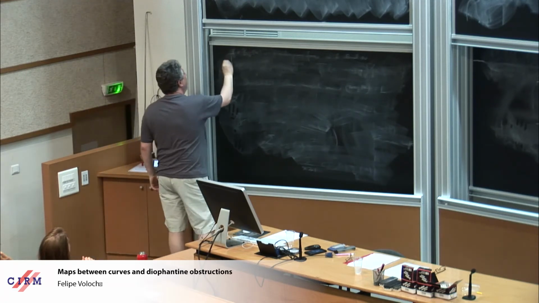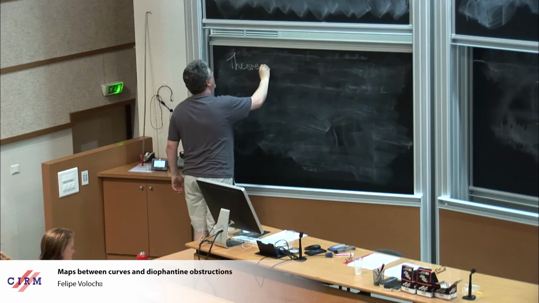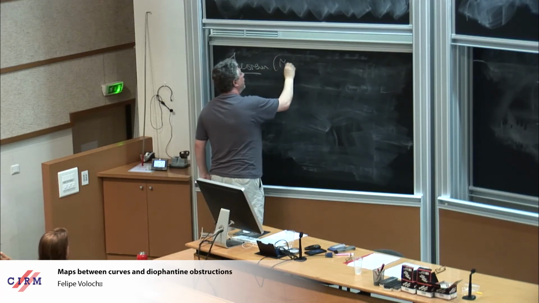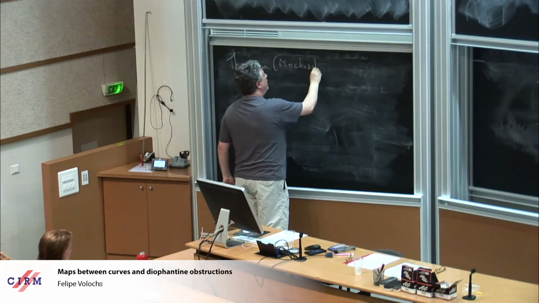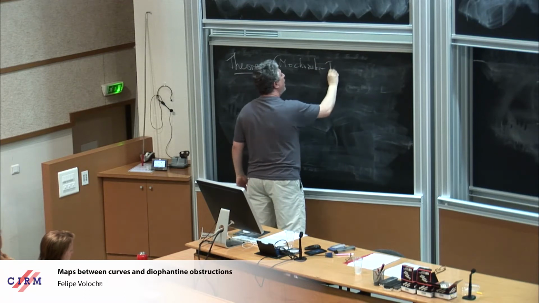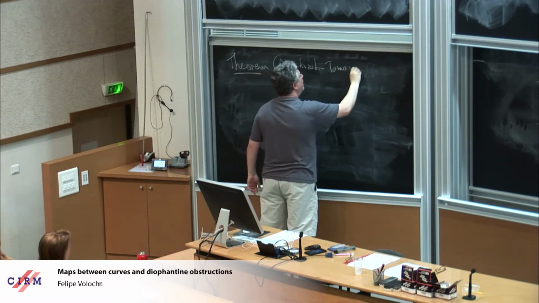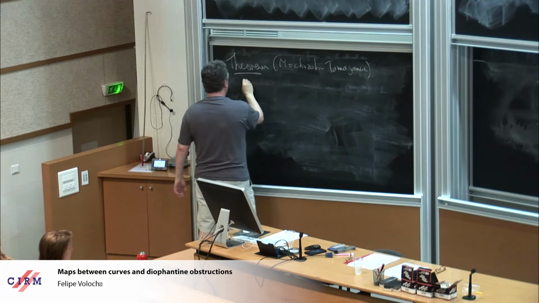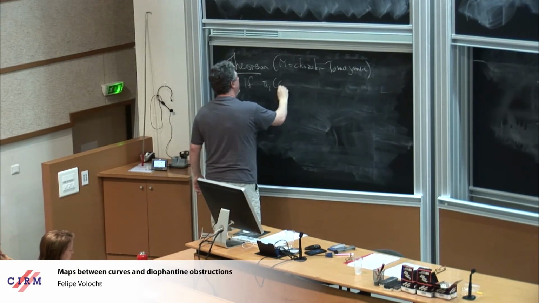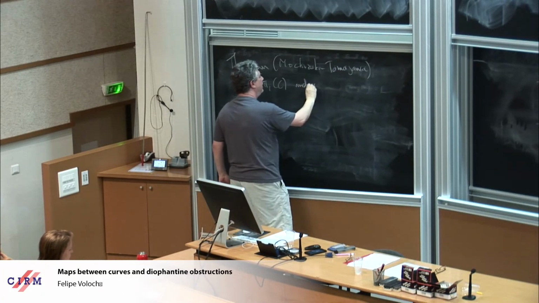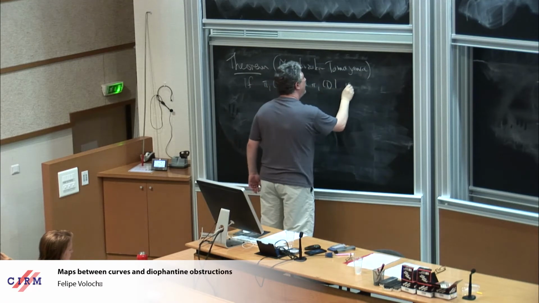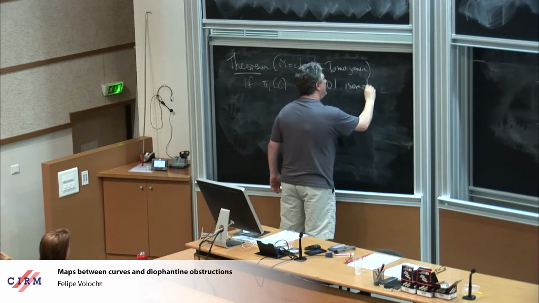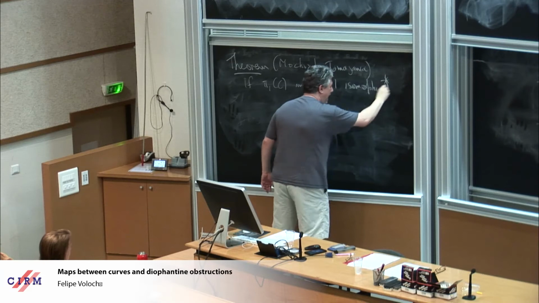Because there is a theorem due to Mochizuki and Tamagawa that if pi1 of C and pi1 of D are isomorphic, and let me put an asterisk here.